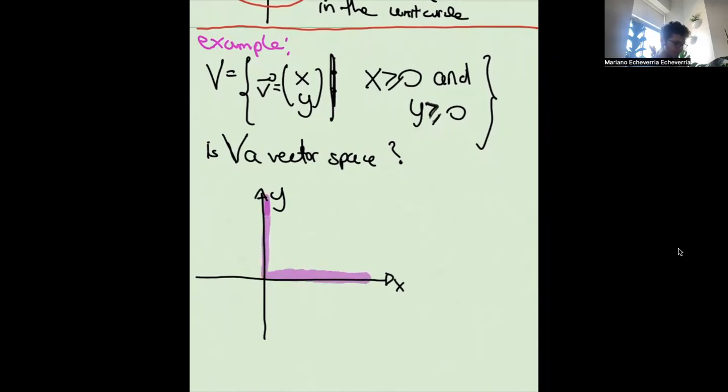It's the first quadrant, right? So V, this is the first quadrant.